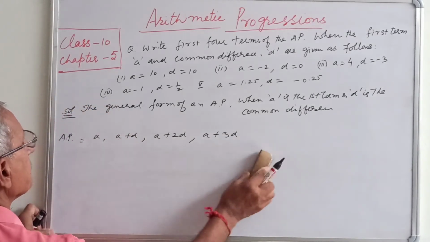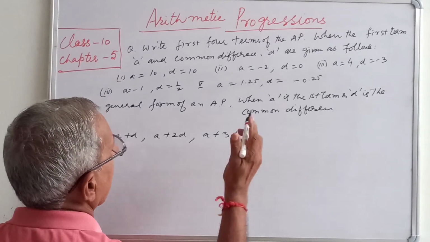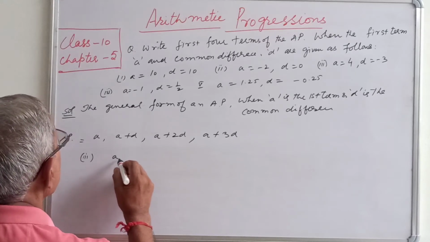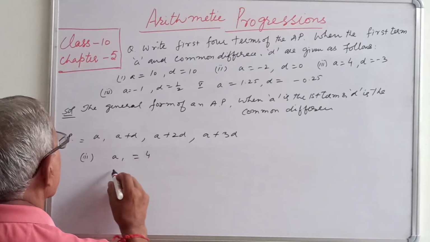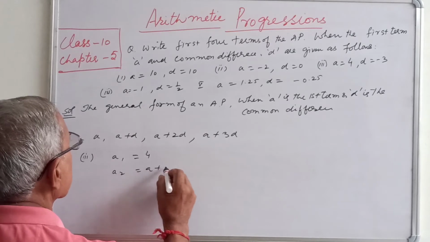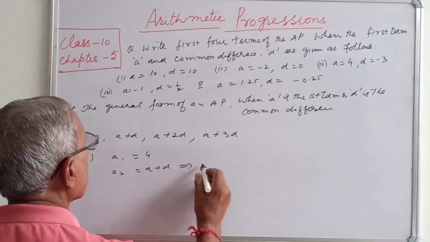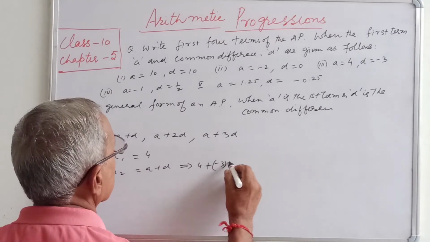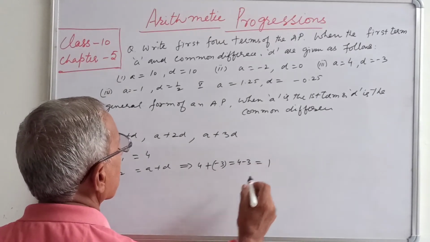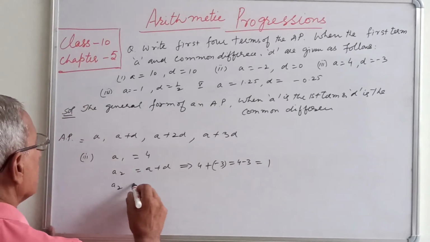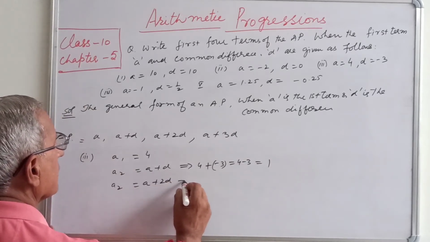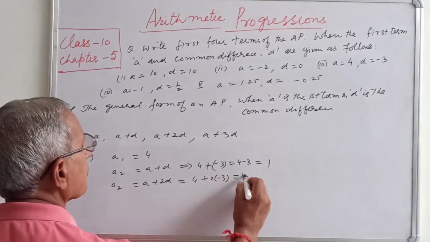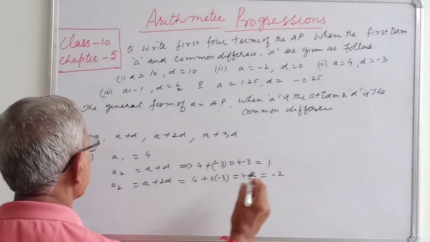Next part, the third part. A will be 4. A2, A plus D, the value of A is 4 and D is minus 3, so 4 minus 3, that is equal to 1. A3, A plus 2D, so 4 plus 2 into minus 3, 4 minus 6, that is minus 2.